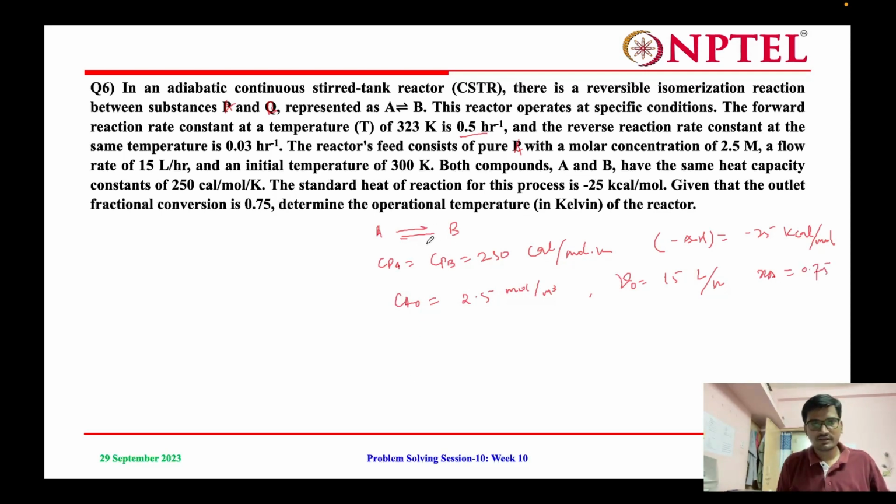Now the rate equation for this reaction: Ra equal to K1 Ca minus K2 Cb.